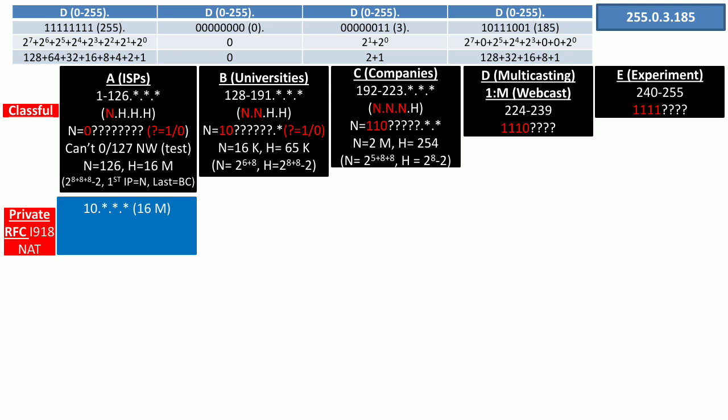Now this private IP address is only used in your internal networks, and this is the class A IP address of 10. This is a single network, and this single network has 16 million hosts. Once you see an IP address with this decimal value of 10 in the first octet, it means that this is a private IP address, not a public IP address.